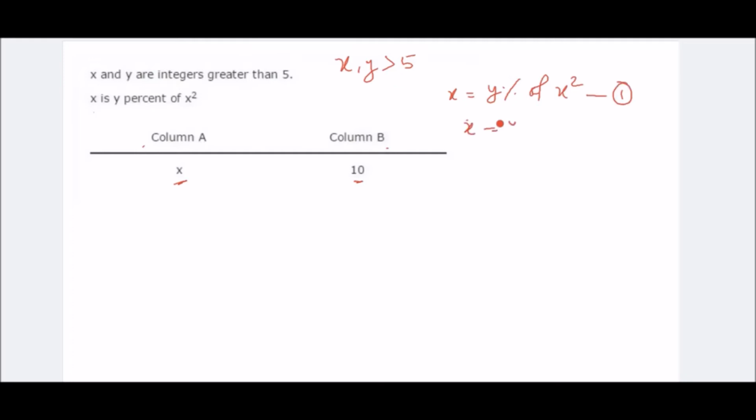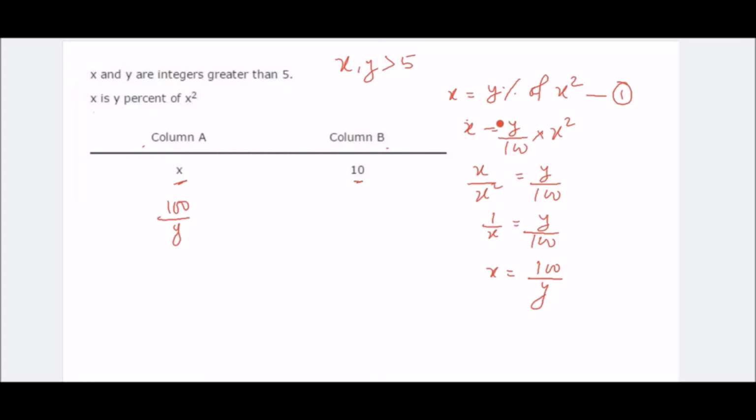So x equals y by 100 into x square. So it will become x by x square is equal to y by 100, that is 1 by x is equal to y by 100, and x equals 100 by y. So here column A becomes 100 by y.